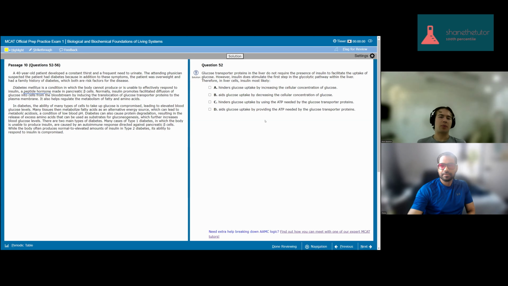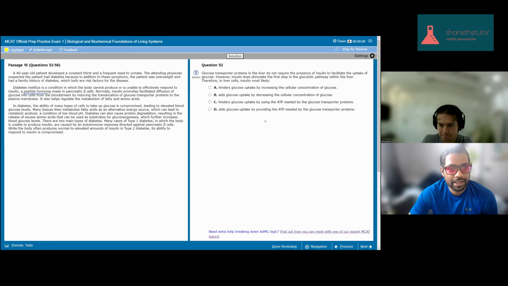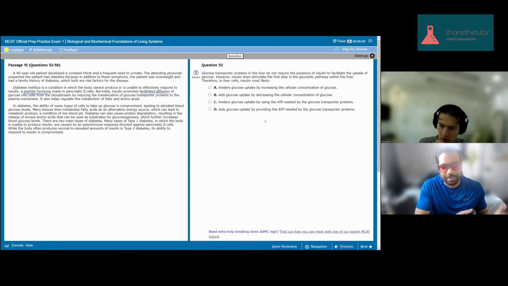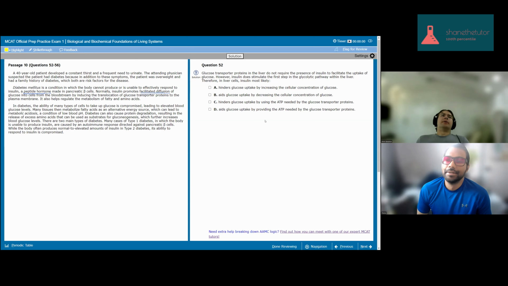I got this wrong, but I eliminated C and D. Is glucose uptake into the cell passive transport? They're telling us here it's facilitated diffusion. So yes, it is passive transport, but through something that helps it.